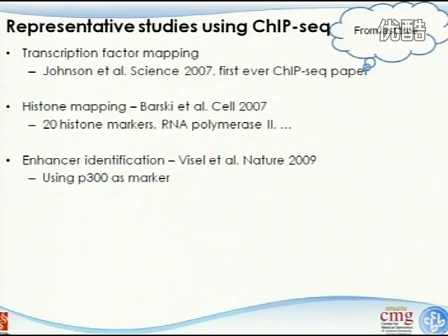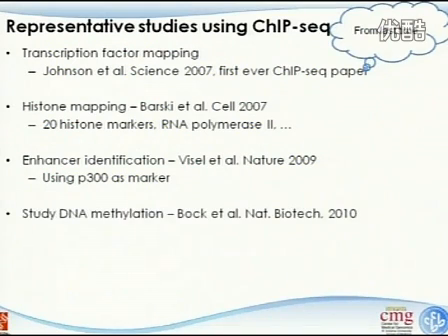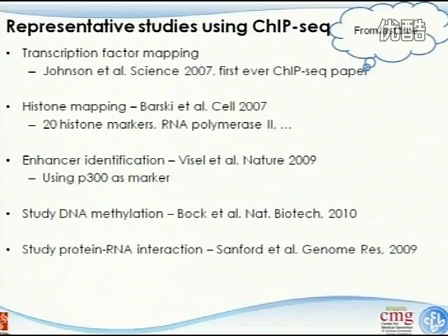They designed an antibody to target P300, which can help you identify active enhancers. We also briefly introduced that we can use this technology to study DNA methylation. This is a review paper that you may want to take a look at, and they gave several different biological methodologies to study DNA methylation. We will also talk about that in detail next time.